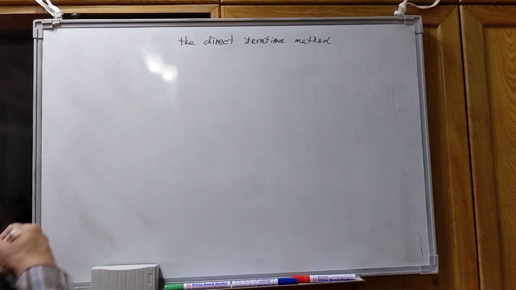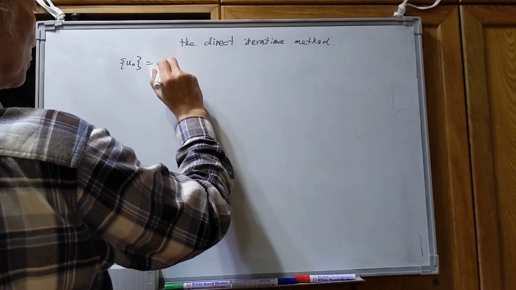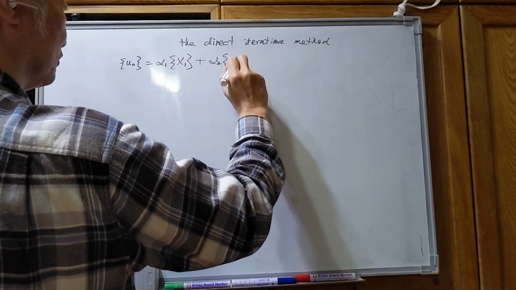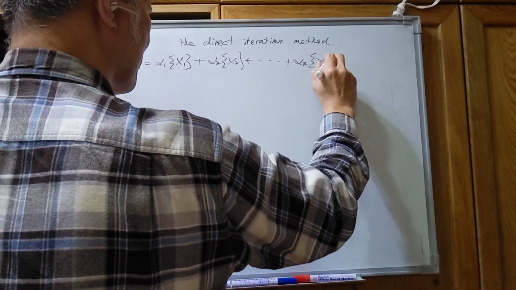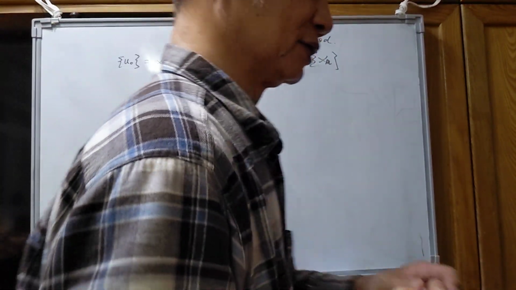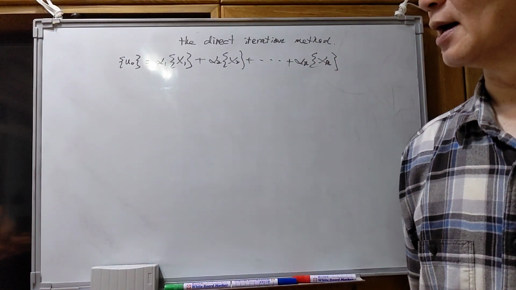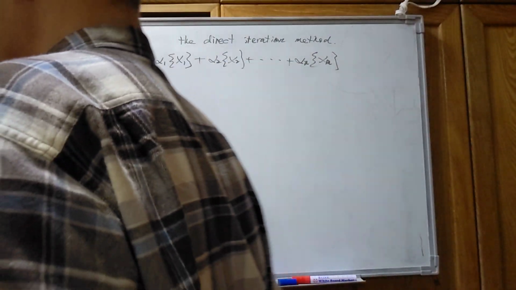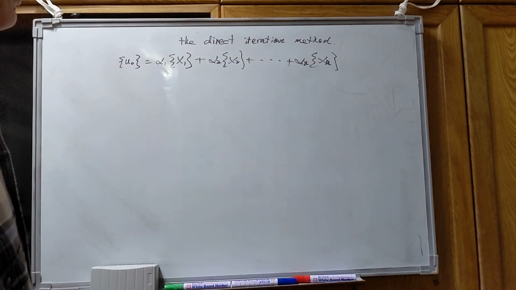Also remember for any vector u0, we can always express it as a linear combination of the eigenvectors. No matter what the u0 vector is, we can express u0 as a combination of these vectors.